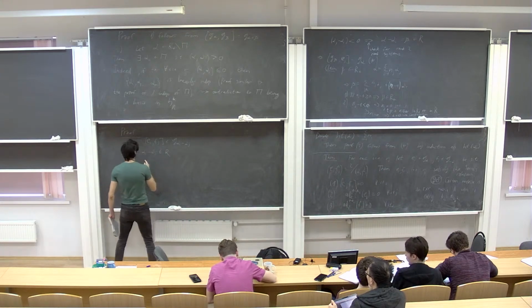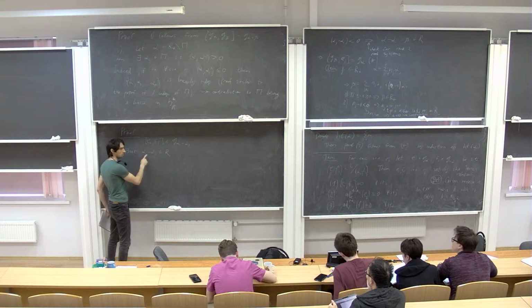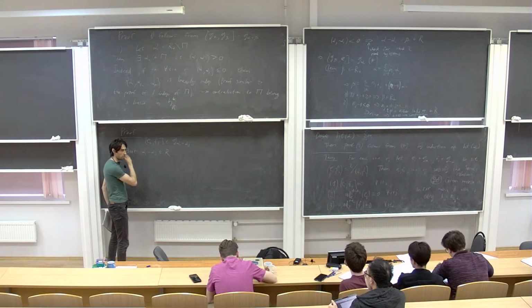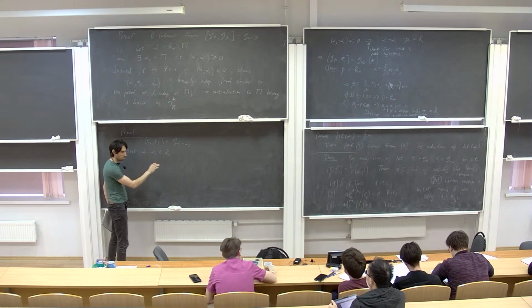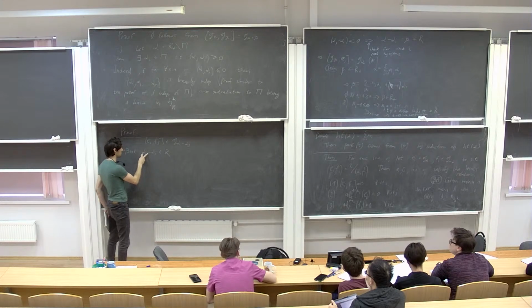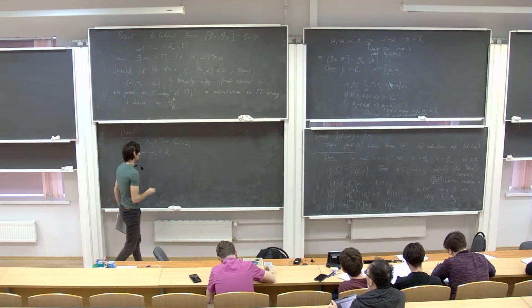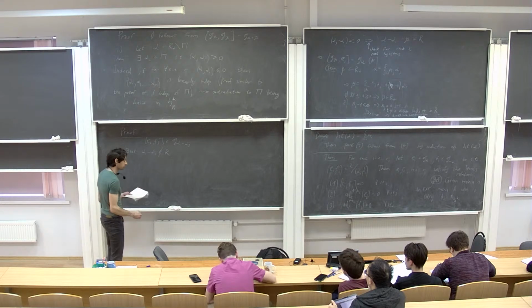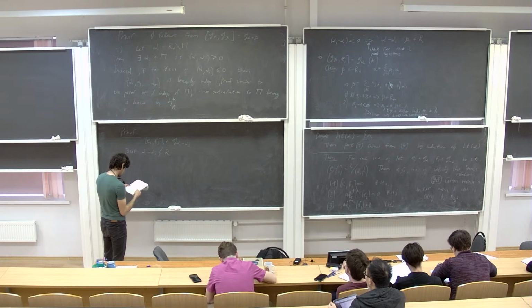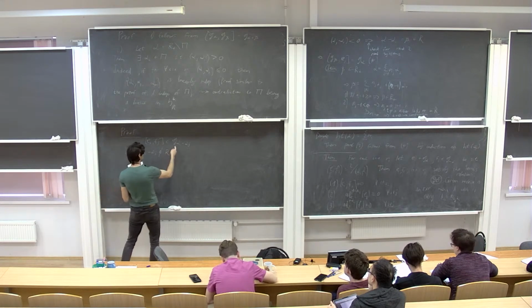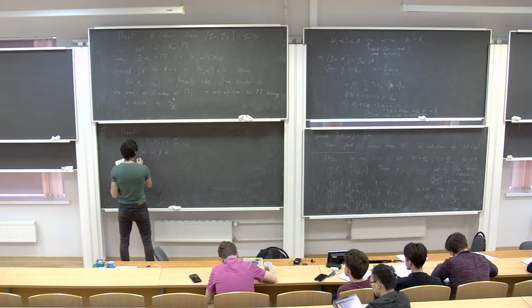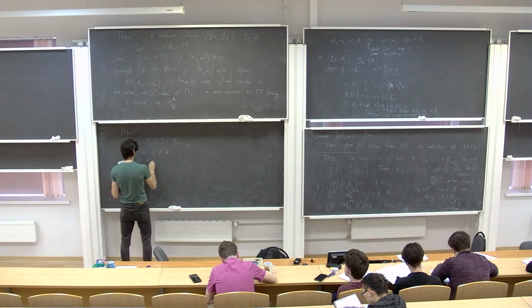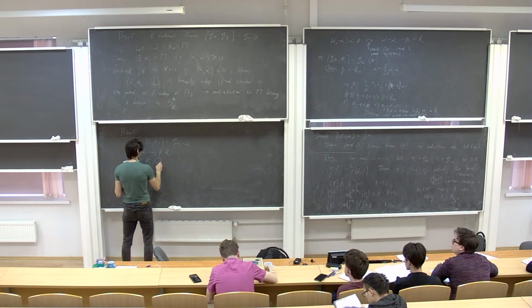If I have a root, then its decomposition into simples has either non-negative coefficients or non-positive. So this cannot be a root. Therefore this is 0, and we have 1: [E_i, F_j] equals 0.